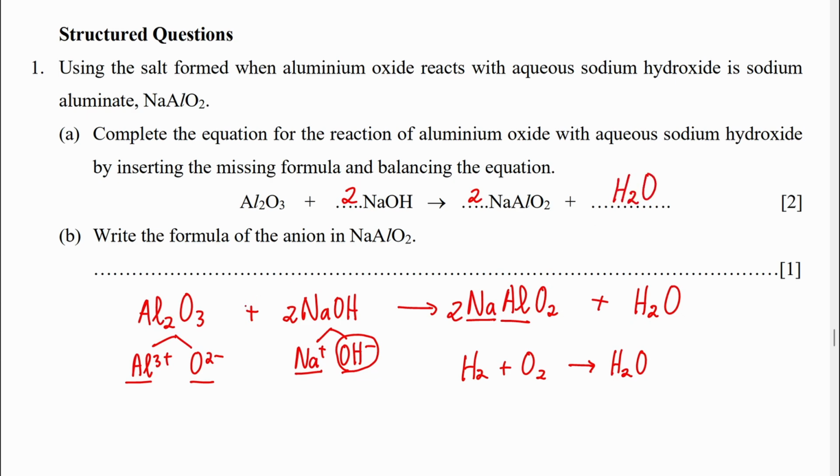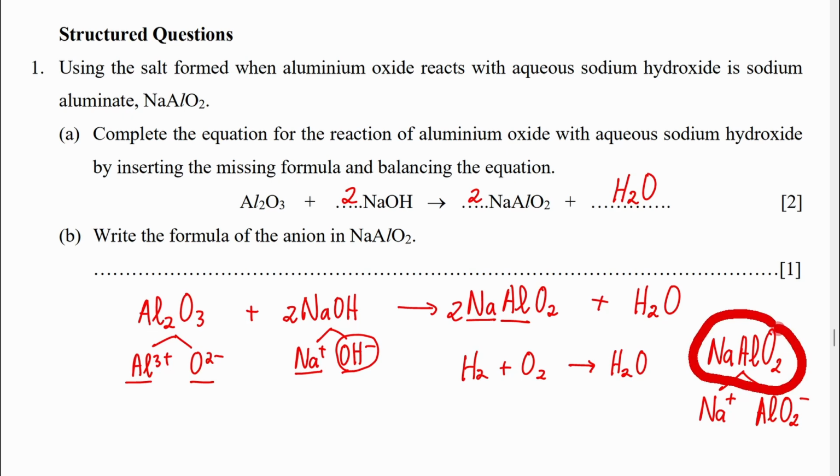Next, write the formula of the anion in NaAlO2. Okay, so what we have in here, NaAlO2. If you split it into ions, then we will have Na+, while the other ion will be AlO2-, right? So that's why if they combine all together, I will take yours, you will take mine, crisscross, they will become NaAlO2.